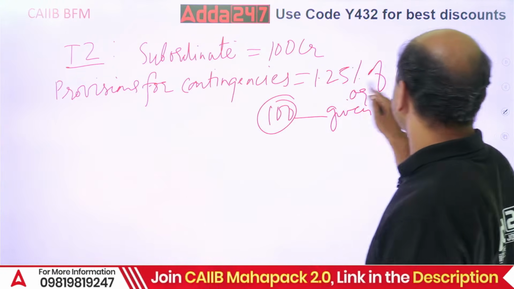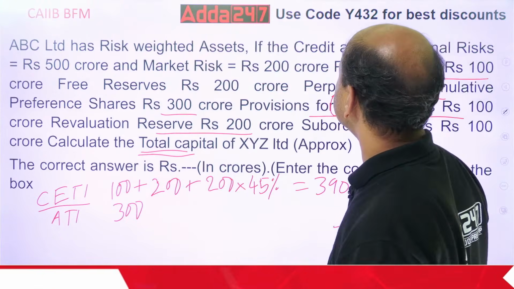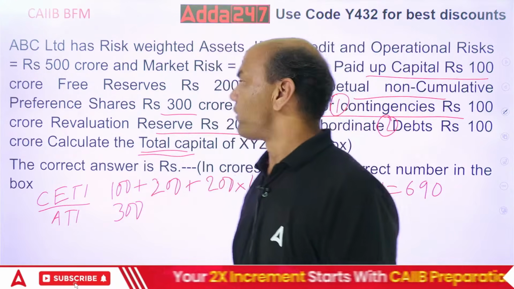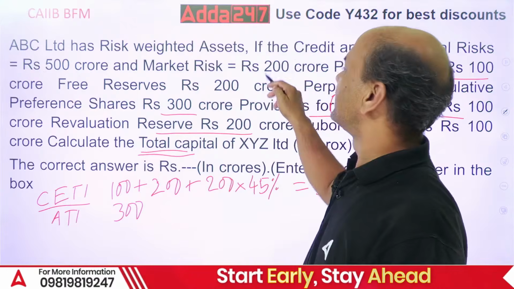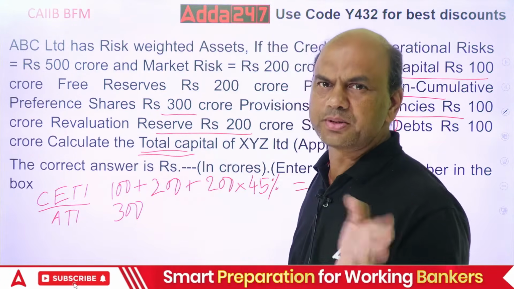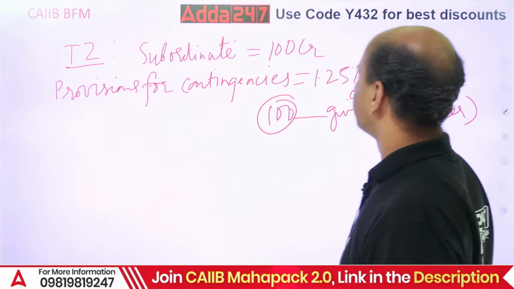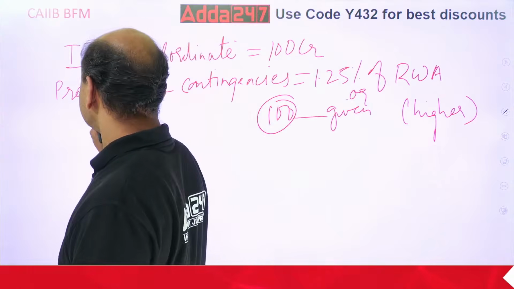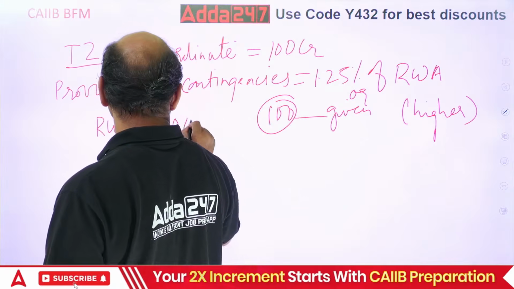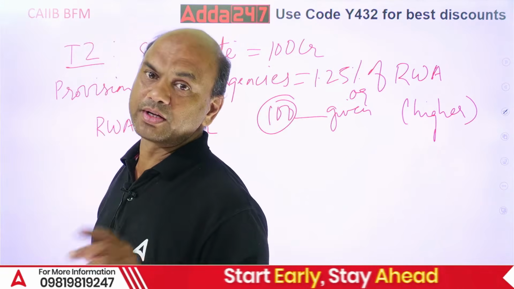Now 1.25% of RWA. So RWA is what? Risk weighted asset, credit and operations 500 crore and market risk 200 crore. Both are given. So total RWA is 5 plus 2, 700, right? So RWA equals 700 crore. Now 1.25% of 700.